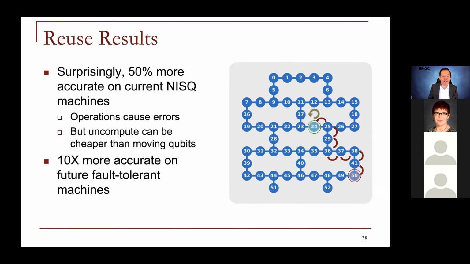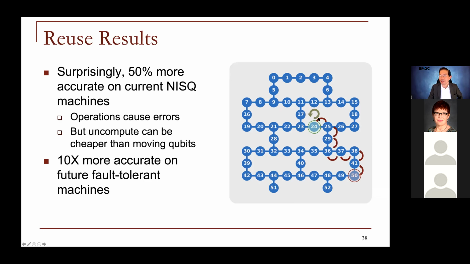But it turns out that it can be cheaper to invest gates in uncomputation and get a qubit to use than to move a qubit from far away, which is what ends up happening in some of these machines. So here on the right, I have a picture of an IBM machine. And let's say that we needed a qubit for our computation at position 24 here, right?